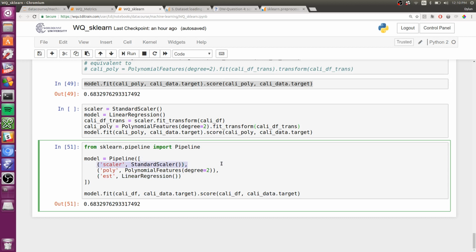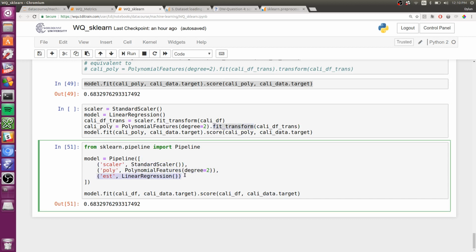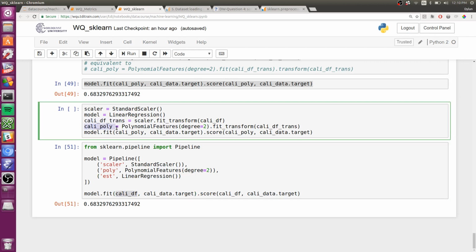So each step is calling fit transform until the very last one, which is our estimator, which is not a transformer. So it doesn't have fit transform, it doesn't transform data, so it just gets fit. So we can fit all of these things simultaneously, and we don't create any intermediate data structures in some kind of throwaway variables.